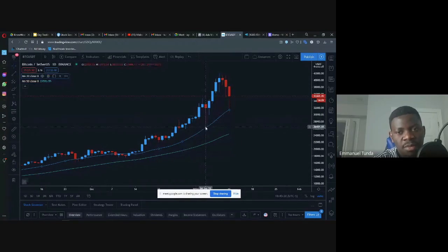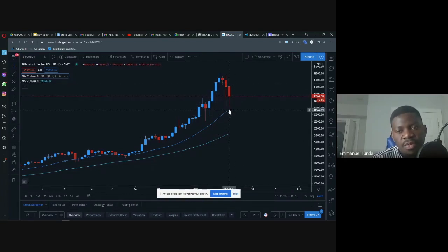You're going to wait for the price to come to the 20 moving average. As soon as it hits that 20 moving average, that tells you already that the pullback has been completed. So you can either get in at that price and then wait for it to continue the movement.